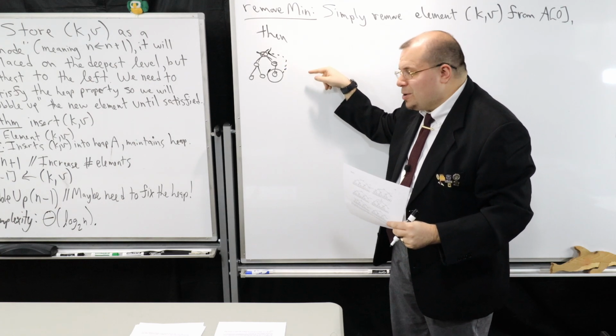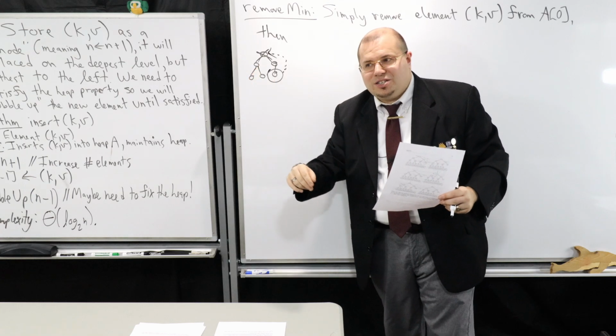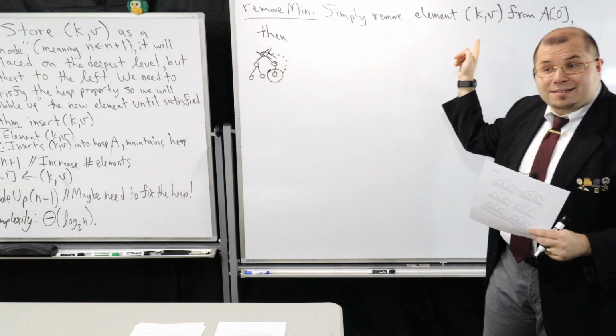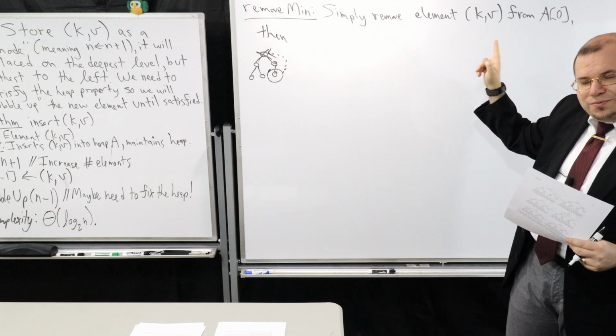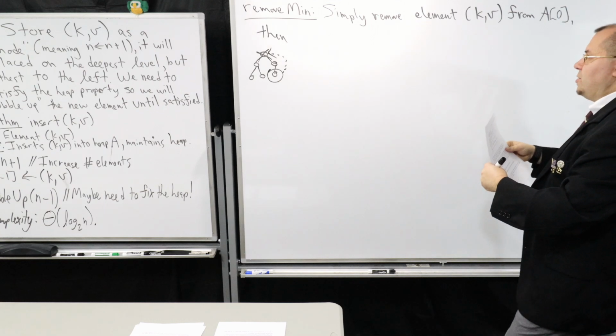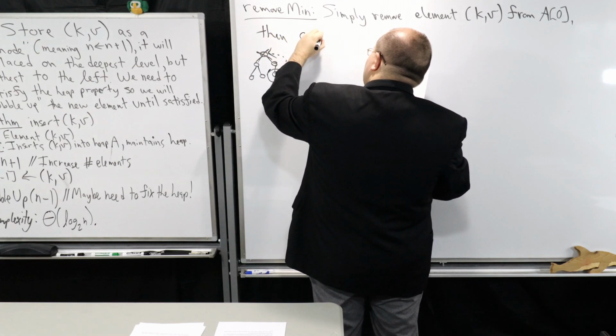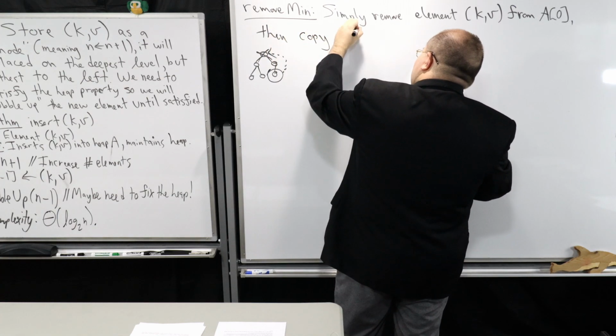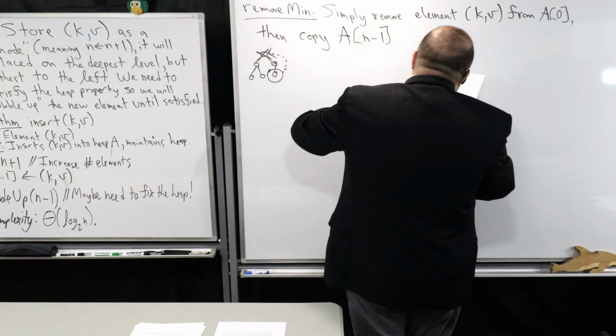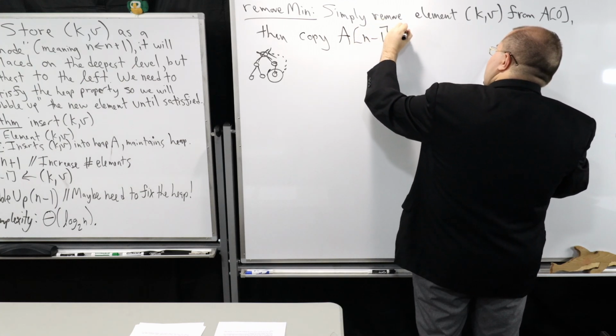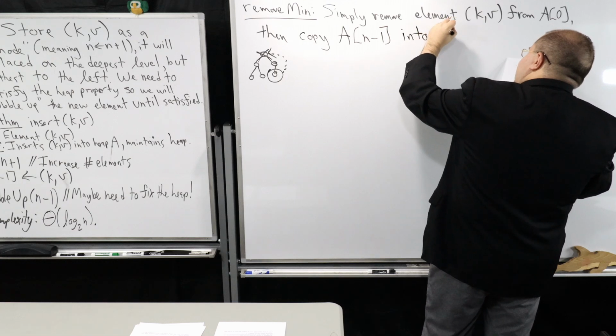All the ones on the bottommost level are going to be shoved to the left as much as possible. So if I do this, this won't be a problem. Then what I'm going to do is copy a sub n minus 1 into a sub 0.